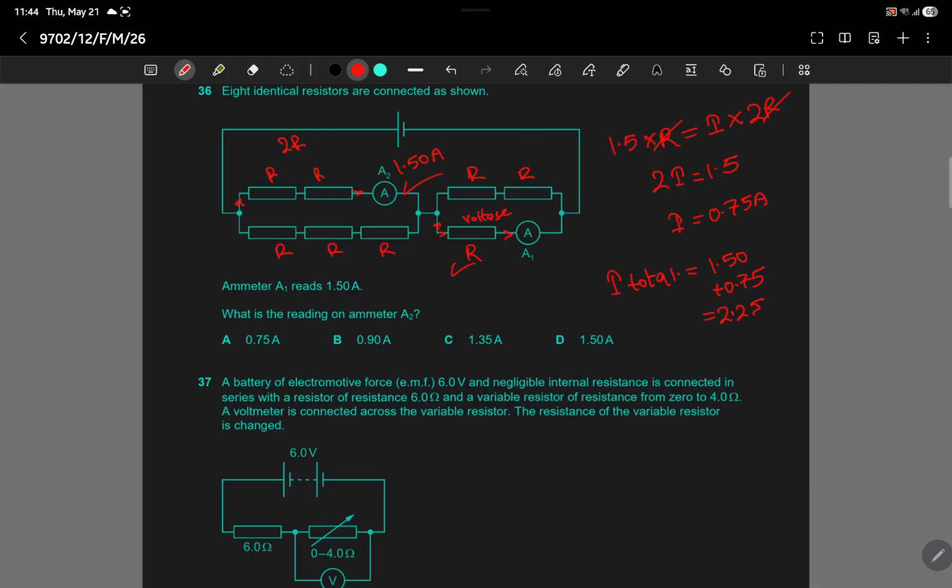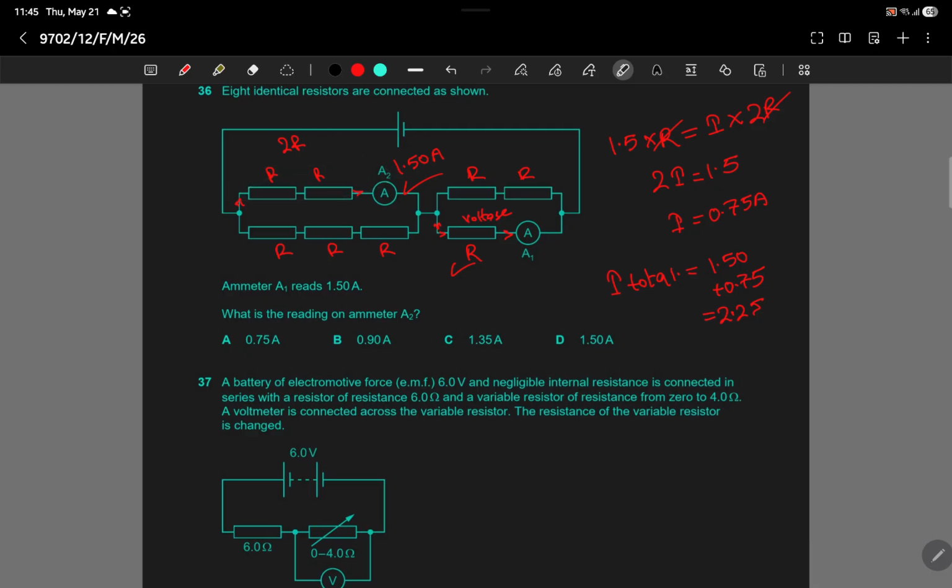So let's say this branch over here with ammeter A2, this part must be 2.25. But let's also look at the lower branch. This contains three resistances, so 3R in total, while over here only 2R.